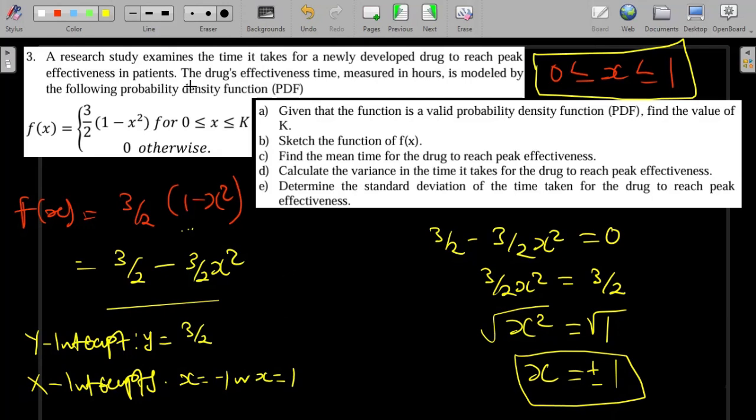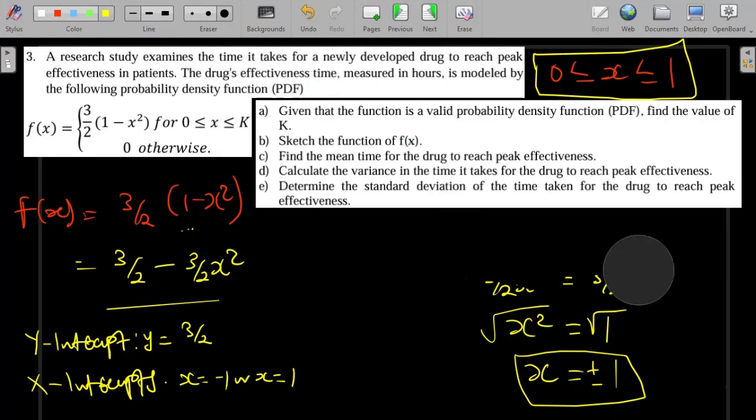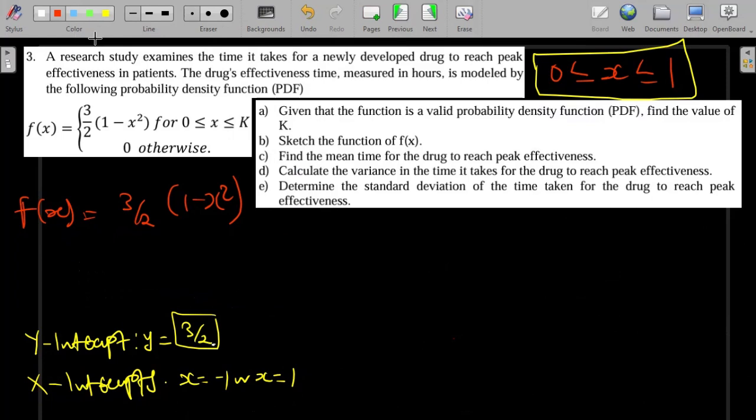What else do we need? We need the turning point. All right, so now let's find the turning point. We can multiply this out and get 3 over 2 minus 3 over 2 x squared. The x coordinate of the turning point is minus b over 2a.